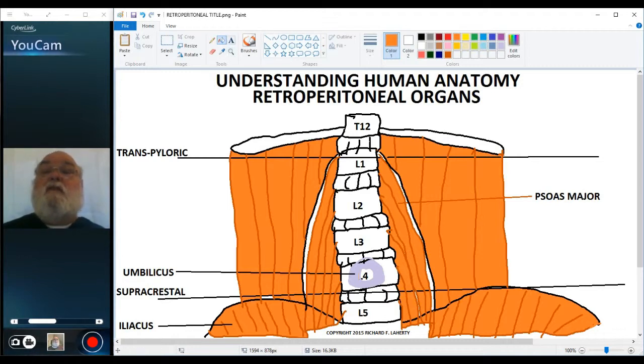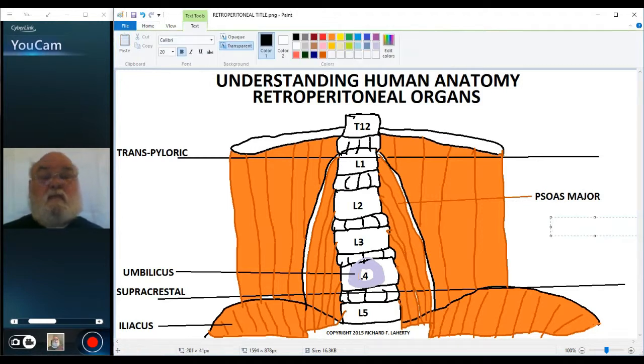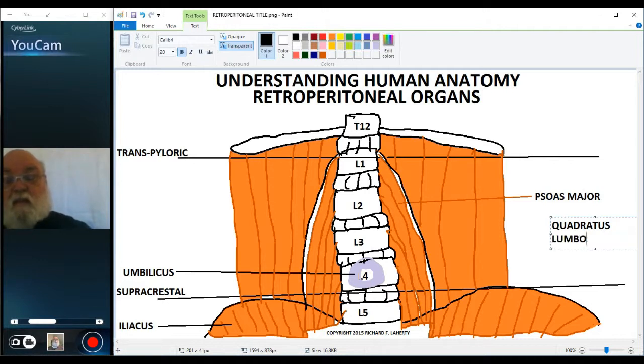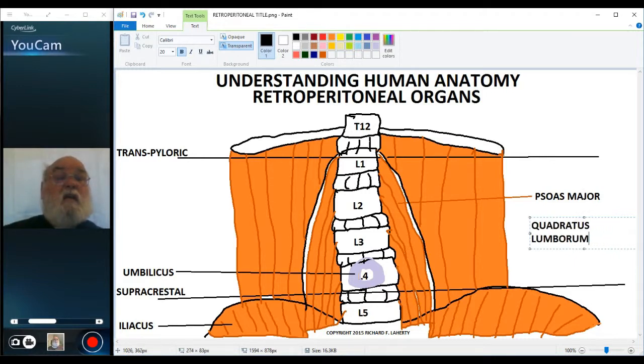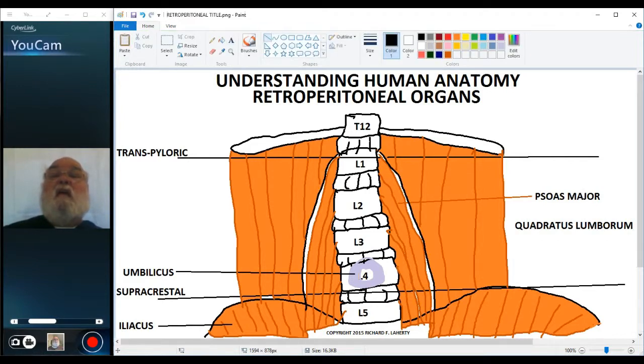So this is quadratus lumborum. Touch up the line going to psoas.